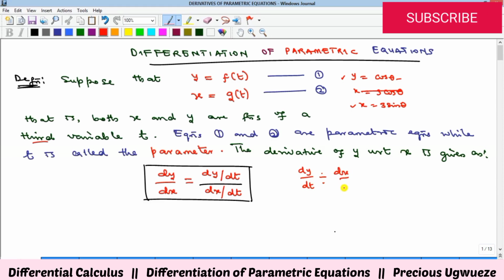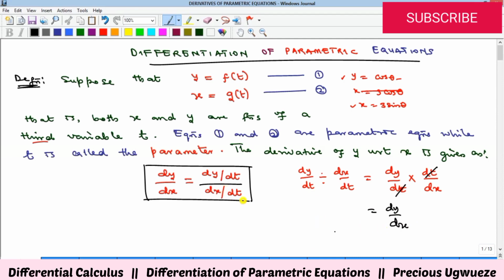Of course, by normal fractions, if you change this division into multiplication, you simply invert the next fraction, and that will now give you dt/dx. And so at this point, you can easily cancel out the dt, and that will now give you dy/dx. Okay, so that's how we got this particular relation.